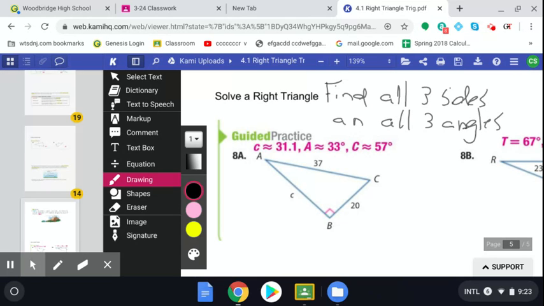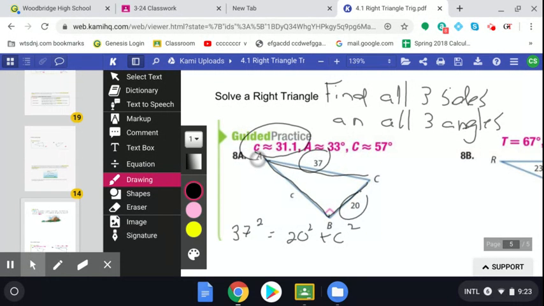So in this case here, you can find this side by using the Pythagorean theorem because you have two sides and you're missing one side. So you can say that 37 squared is equal to 20 squared plus c squared. And then once you solve for that, you get the value of c.